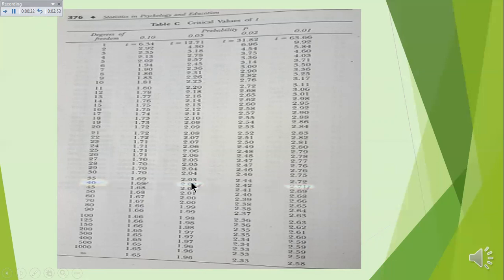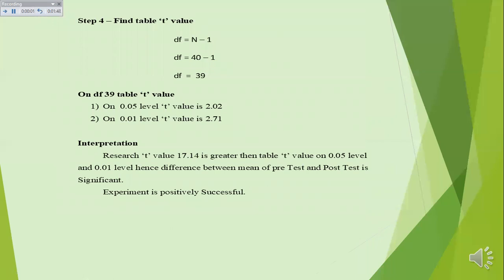These two values are most important. Why 40? Because 39 is absent. Why 39? Because 39 is our degree of freedom. So on 0.05 level, the table value is 2.02. On 0.01 level, the table value is 2.71.